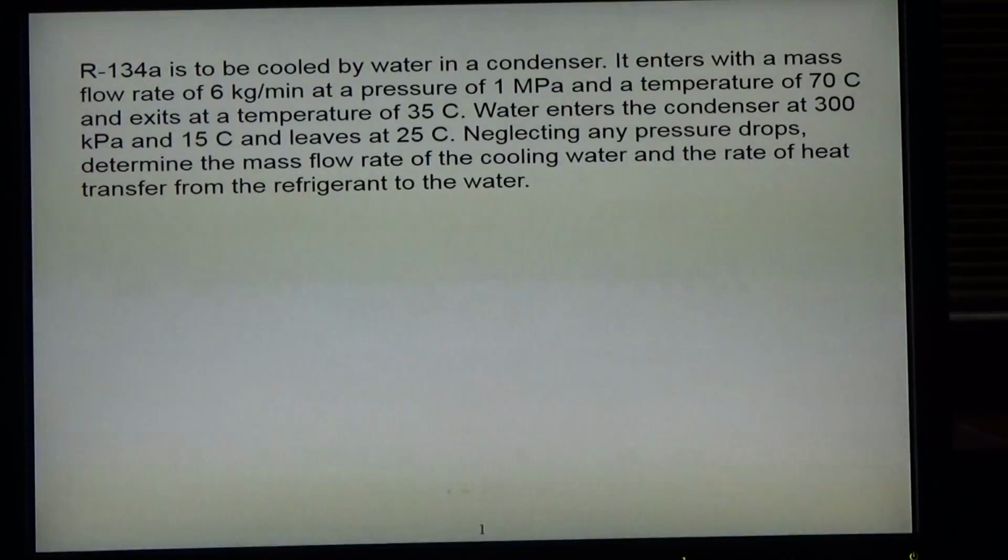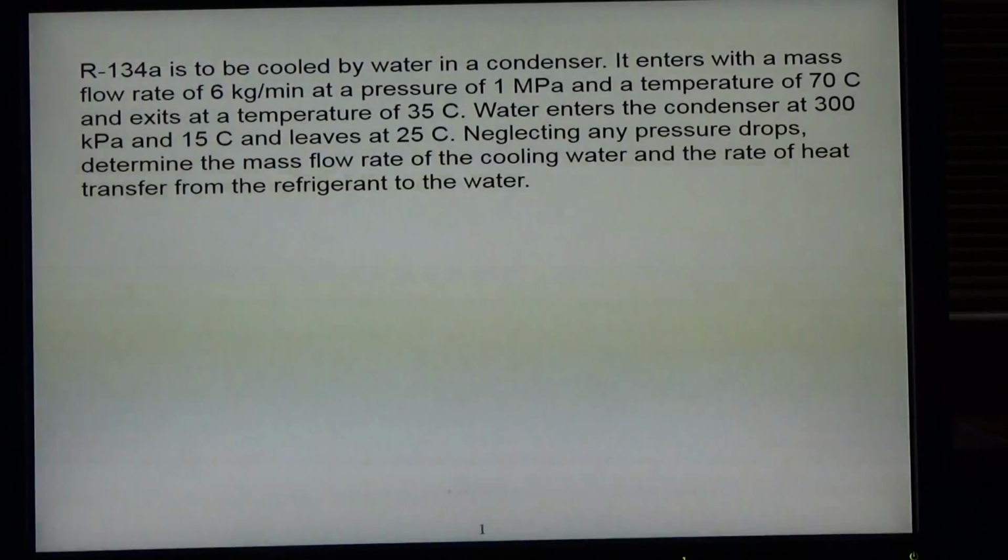So let's start off, let's read this problem and talk about how to solve it. So R134A is to be cooled by water in a condenser. So a condenser is just a heat exchanger.